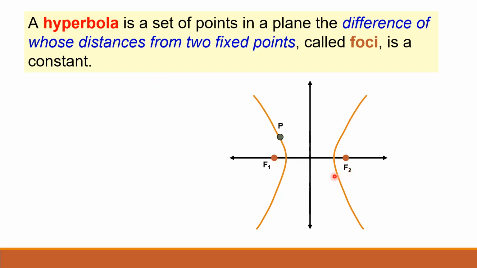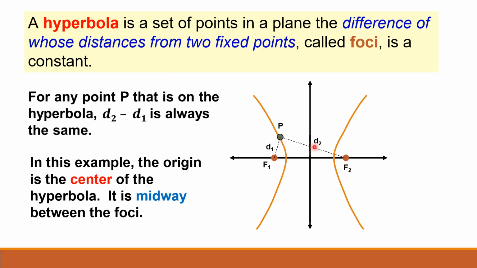If we take a random point on this hyperbola and get the distance of this point from F2 and F1 and subtract those distances, we get a difference which is constant. So D2 minus D1 is always the same no matter where we are on the hyperbola.